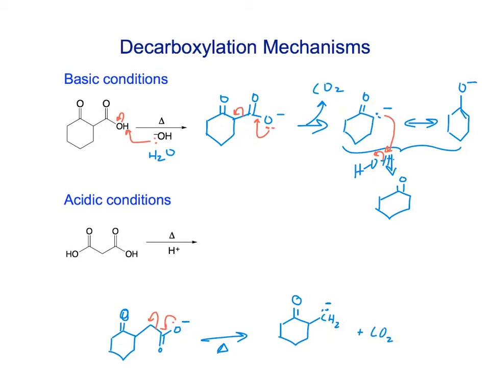But notice, because these electrons are now separated from the pi bond over here by an sp3 hybridized center, they cannot be stabilized by resonance. So this one is really very basic and unstable. Whereas this enolate up here is stabilized by resonance.